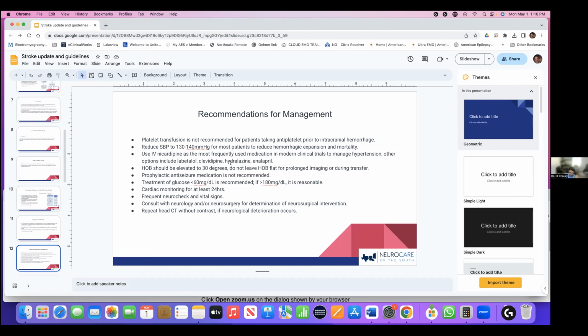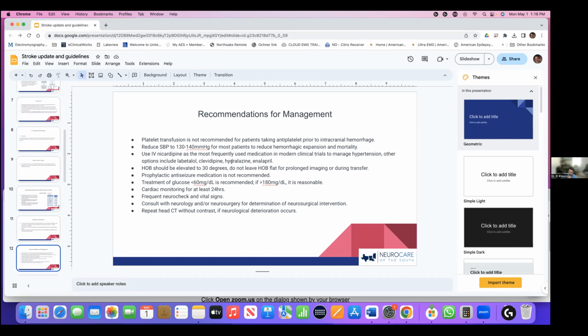Usually the recommendation is to keep the head of bed at 30 degrees, but if you need to transfer the patient or you need imaging, then you can put the head flat. Seizure medication is not recommended. It's associated with worsened outcome. Obviously, you need to treat glucose if the patient is hypo or hyperglycemic.